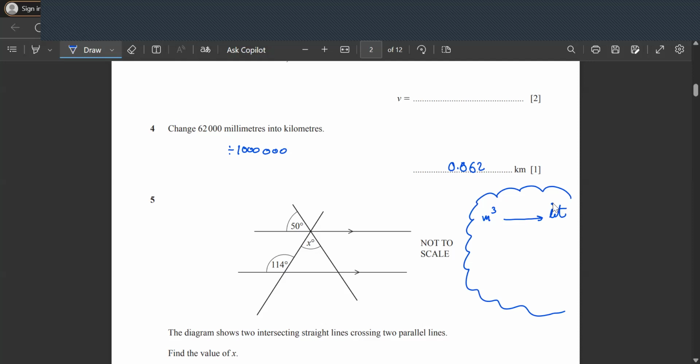No, not divide. Multiply. Of course, adding or subtracting is not divide, it is multiply. Multiply by what? 1000. Yes, 1000. So from meter cube to liter, multiply by 1000. But from centimeter cube to liter, what should I do?